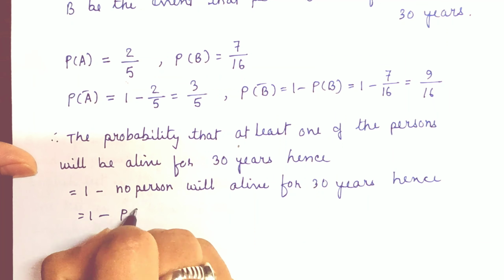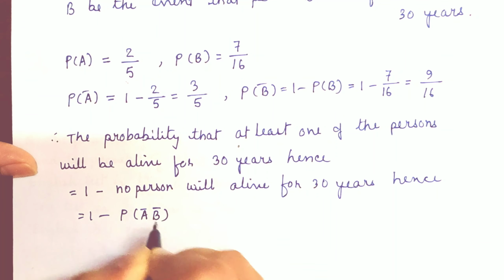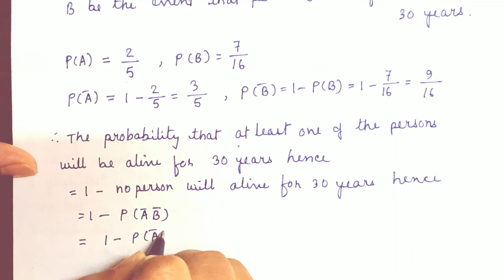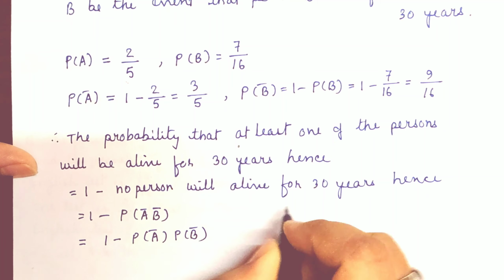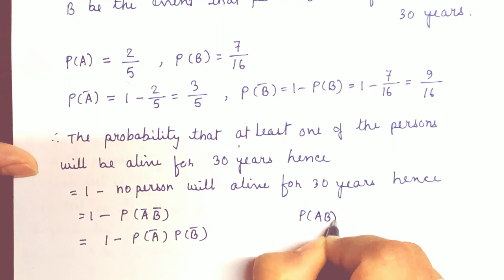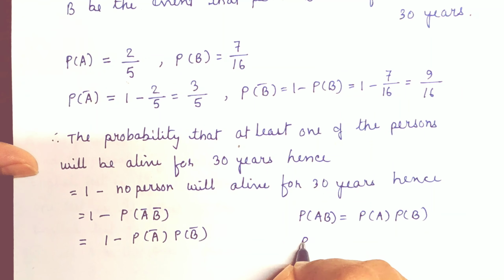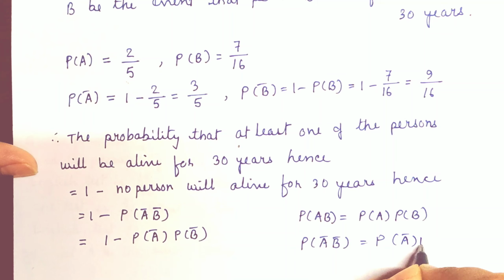It will be 1 minus P(A bar B bar). We know that for independent events P(AB) is equal to PA into PB, so P(A bar B bar) is equal to PA bar into PB bar.